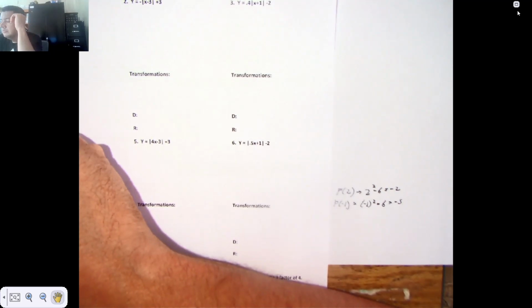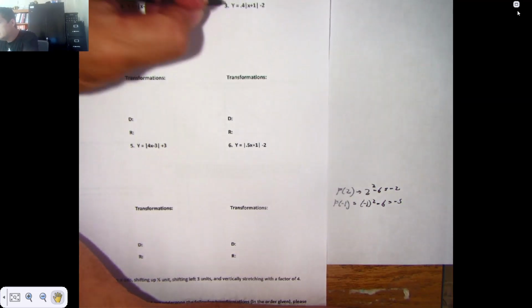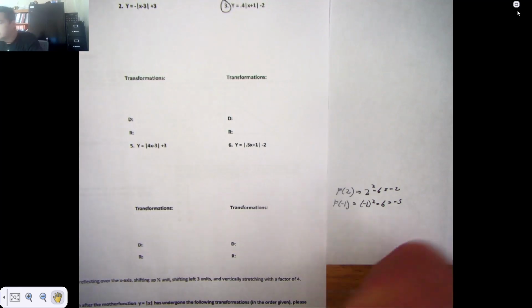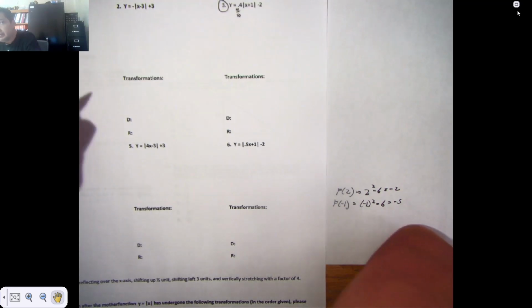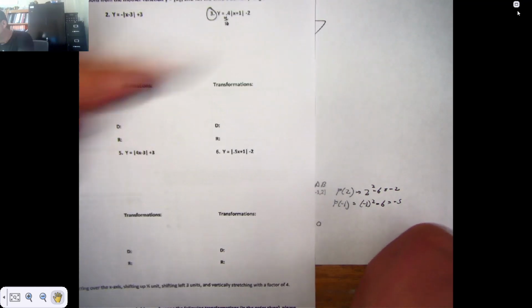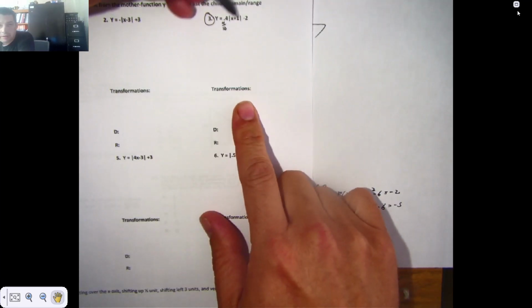This is the second homework assignment. Now, let's look at number 3. That is y equals 0.4, better known as 4/10, times the absolute value of x plus 1, minus 2. So when you talk about your transformations, this would be a horizontal shift left, not right.